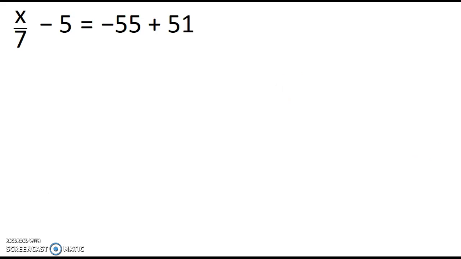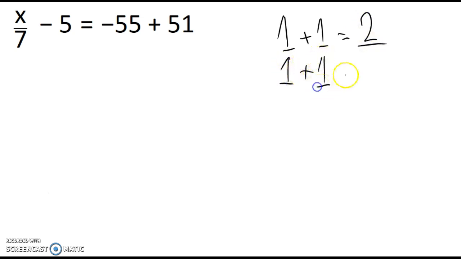Now let's get into algebra. So algebra is basically numeracy, which is like 1 plus 1 equals blank, which we know, and then we have to solve for the blank, which in this case would be 2. Algebra would be like this: 1 plus 1 equals x.